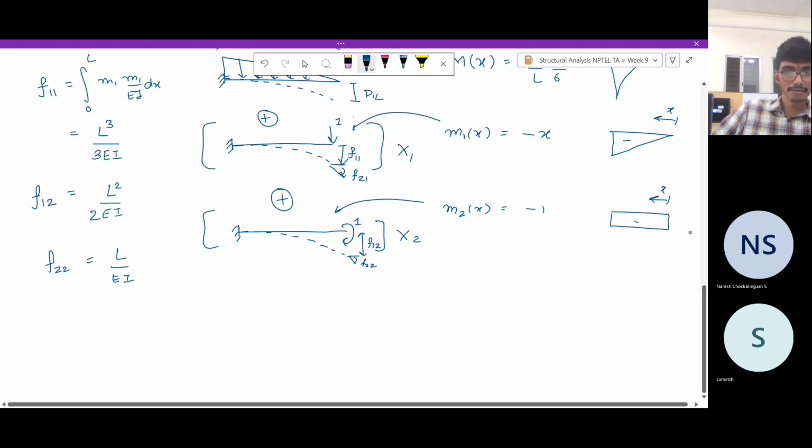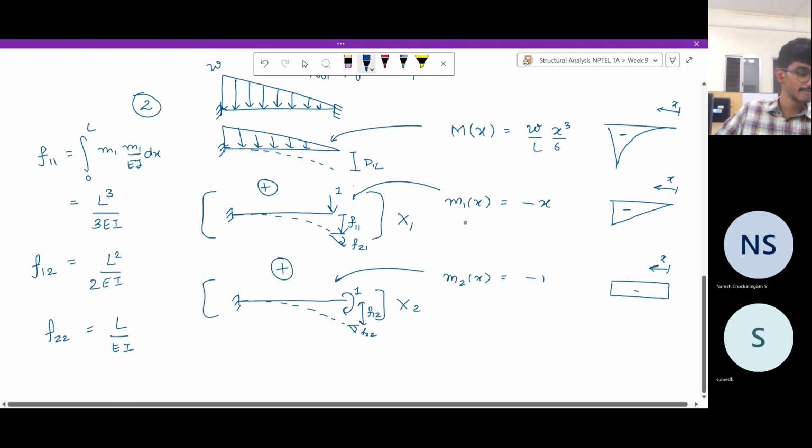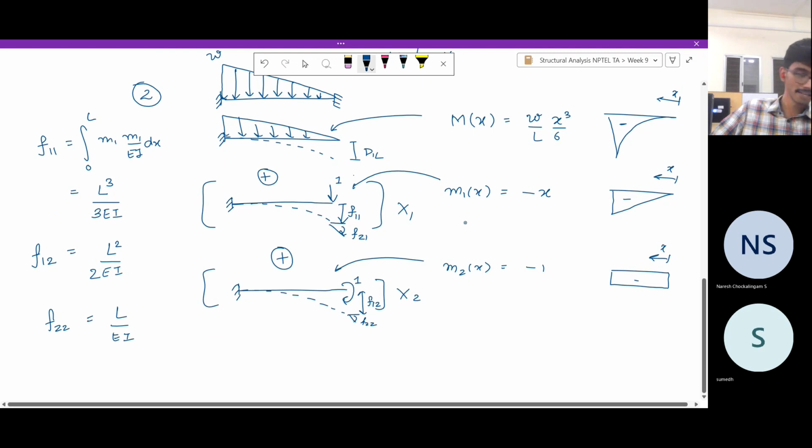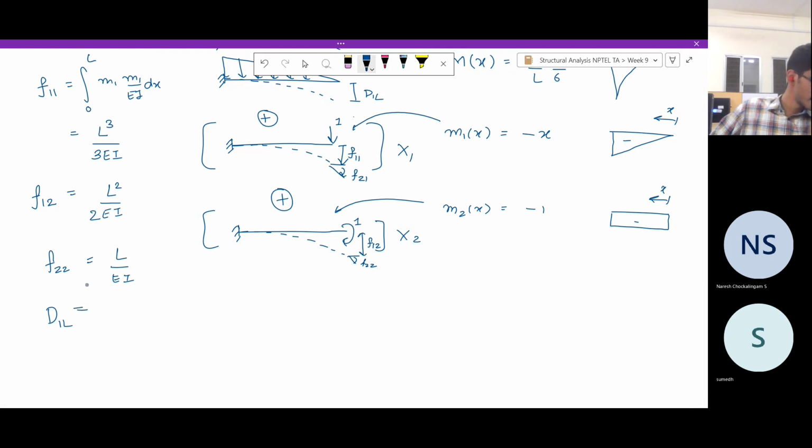So what is d1L? You can compute it easily. Just substitute this, integrate within the correct limits. You get d1L equal to W L to the power 4 by 30 EI, and d2L equal to W L cubed by 24 EI.